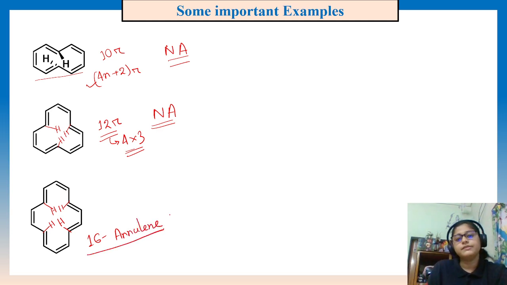Okay, so what is happening in the case of 16-annulene? When the structures become bigger, the cyclic system becomes bigger, the distance between the hydrogens becomes a little larger. So the steric hindrance is now less. What is experimentally found is that at low temperature or normal temperature, it will act as if it has 16 pi electrons, 1, 2, 3, 4, 5, 6, 7, 8, 9, 10, 11, 12, 13, 14, sorry, 14.